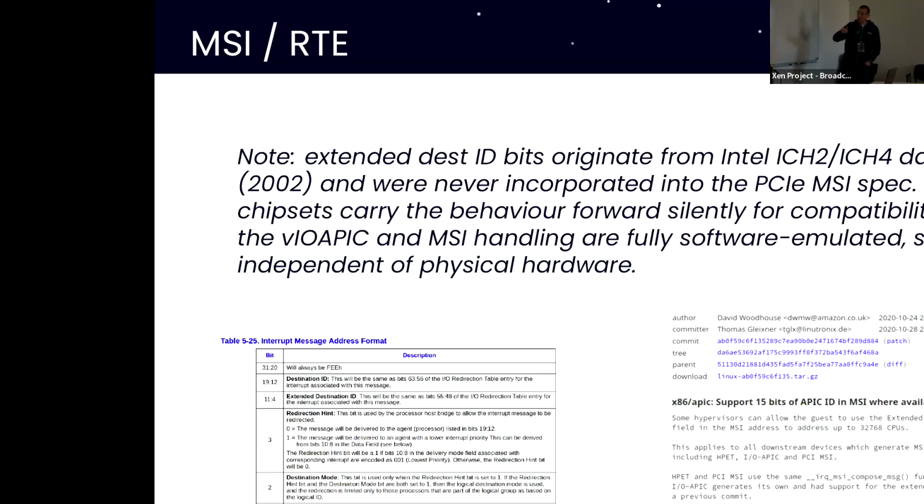It is from 2002. They had already proposed to use extended bits in the MSI address to support higher APIC IDs. In the beginning, it was actually bits 4 to 11.